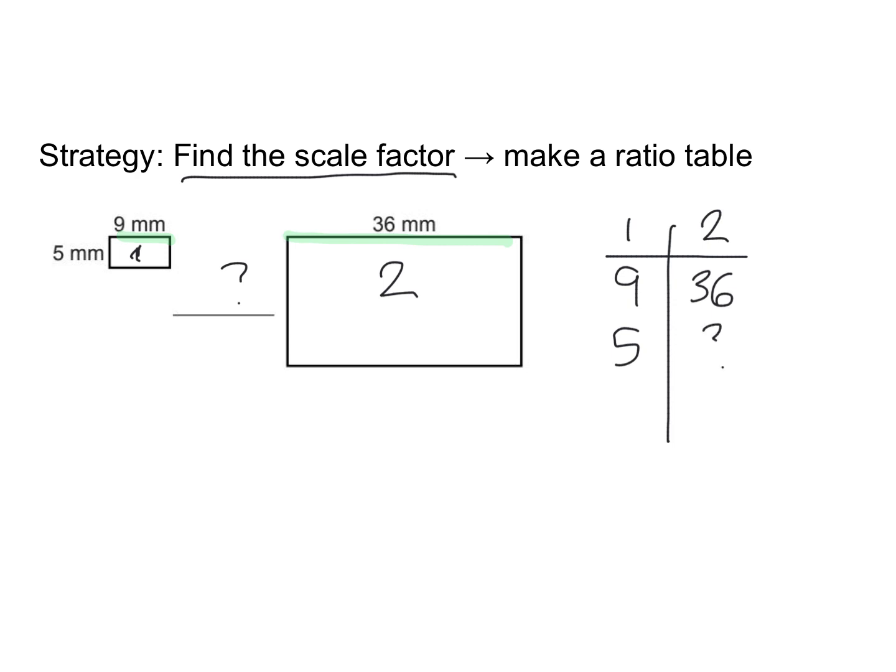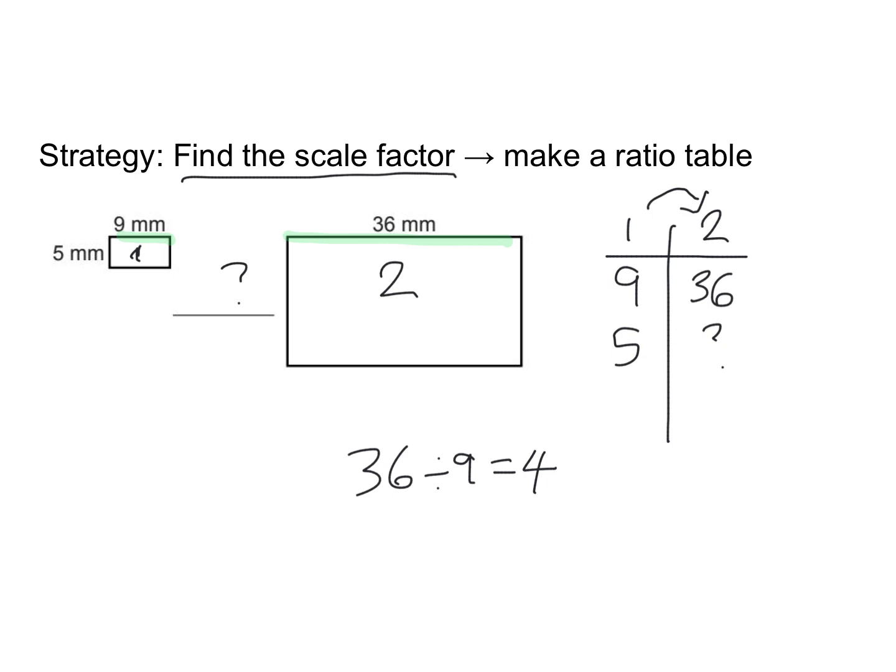I need to think. I know the scale factor is the number that we multiply by to go from the sides in shape 1 to the sides in shape 2. So I need to think, what 9 times what is 36? The way you can figure that out, maybe you know. Okay, you can also do 36 divided by 9. That equals 4.